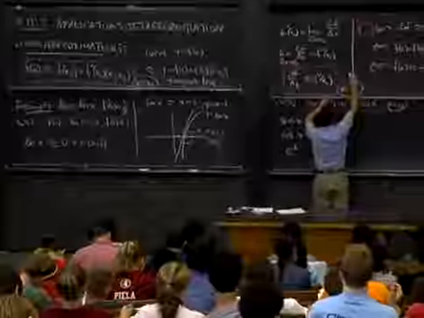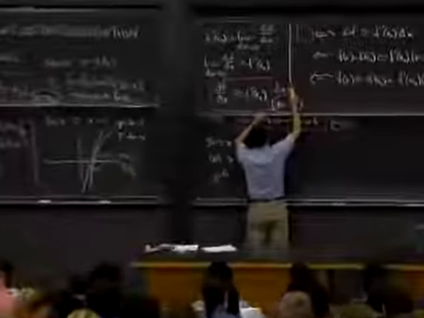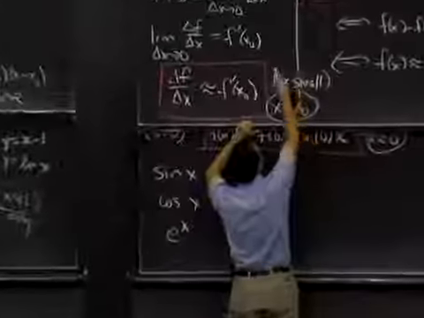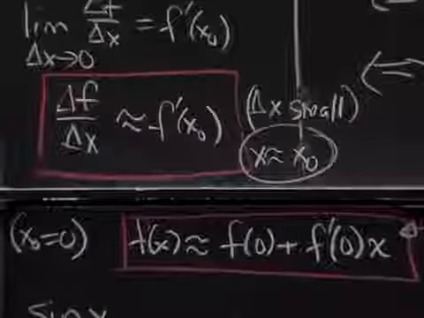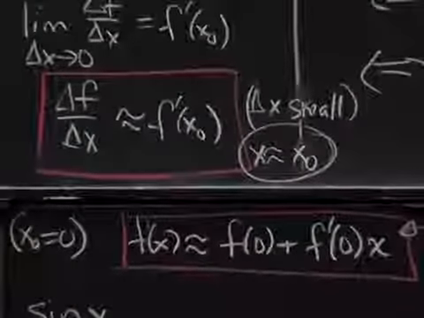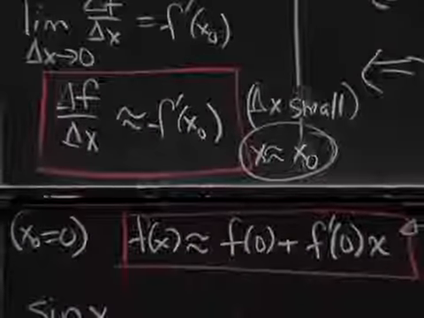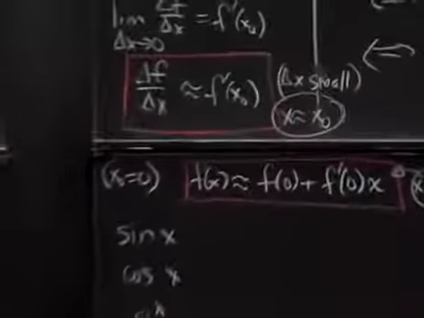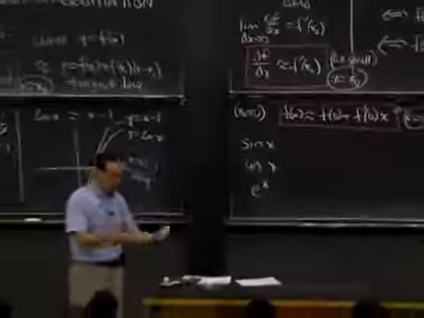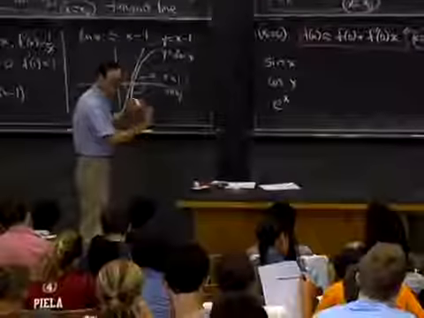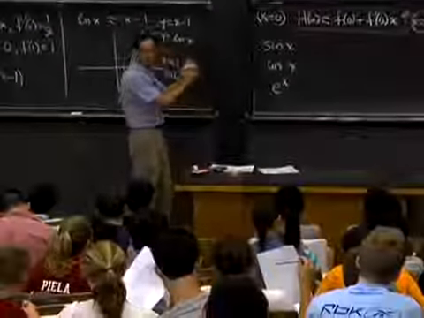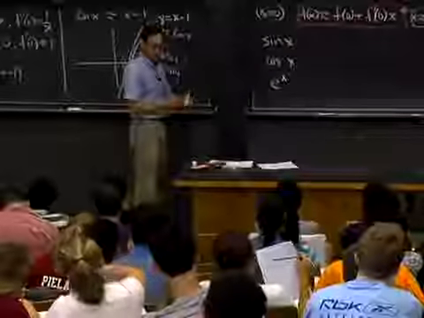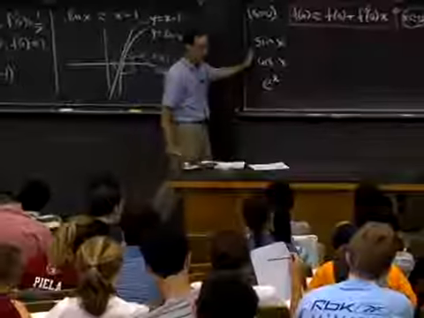So another way of saying it is that delta x is small. Now, exactly what we mean by small we'll also be explaining. But it is a matter, to some extent, of intuition as to how good it is. In practical cases, people will really care about how small it is before the approximation is useful. And that's a serious issue.